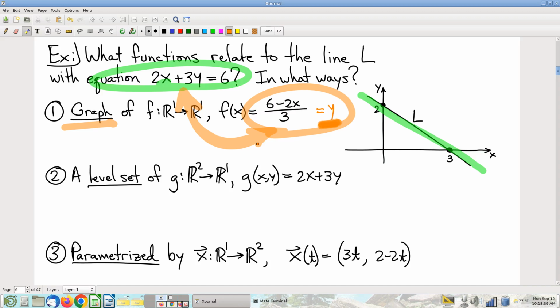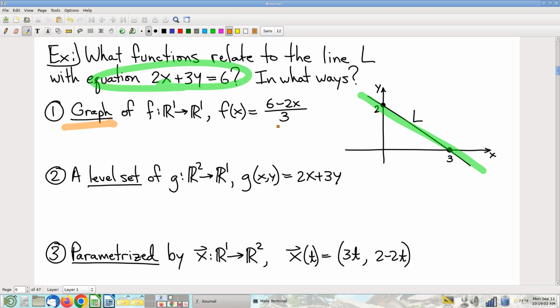All right, now that doesn't directly answer the question, though, of where did I get the function in the first place, right? What I've done here is confirm that its graph is the line. But if the question is, what is the function whose graph is this line, then again, how do you get it?